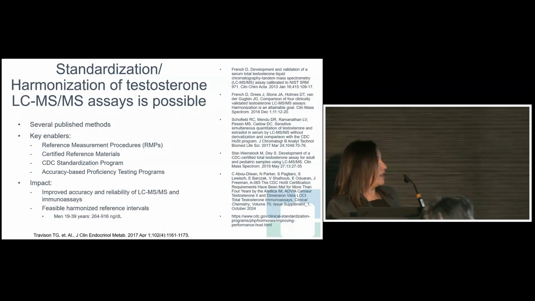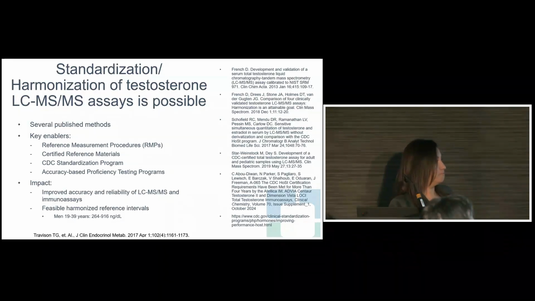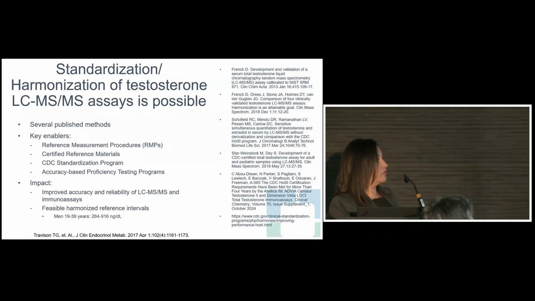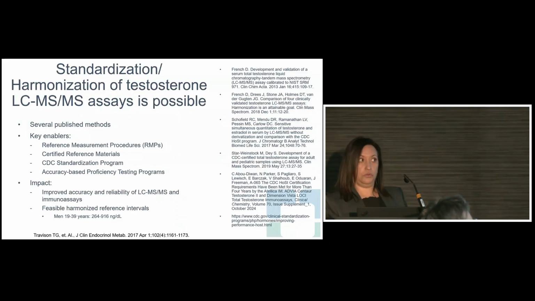And this had an impact on demonstrating that harmonization is possible, increased the accuracy and reliability of the assays, and has made feasible, for example, to harmonize reference intervals mostly for men. This is a series of papers that demonstrate this, and it's not an all-inclusive list.